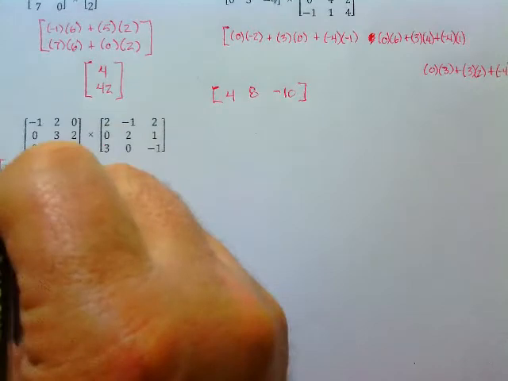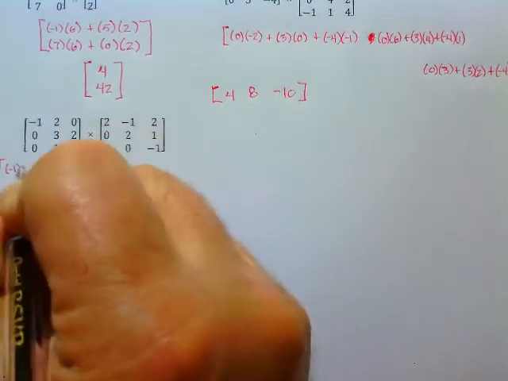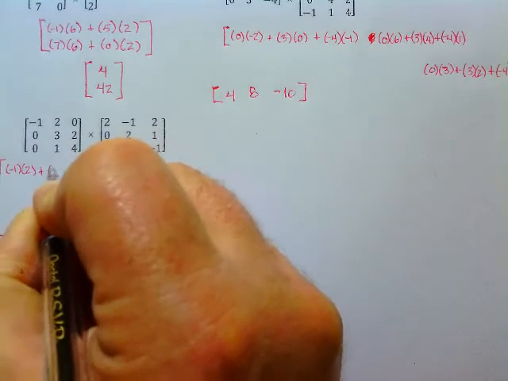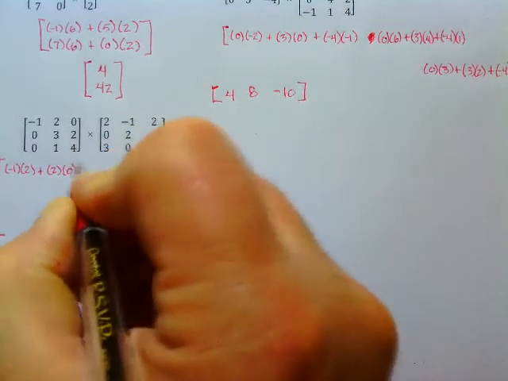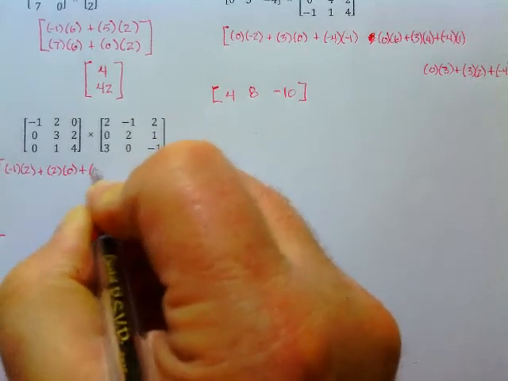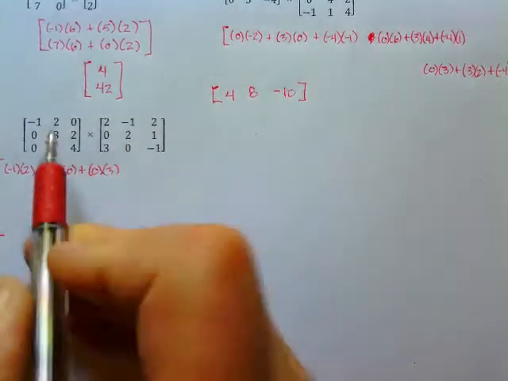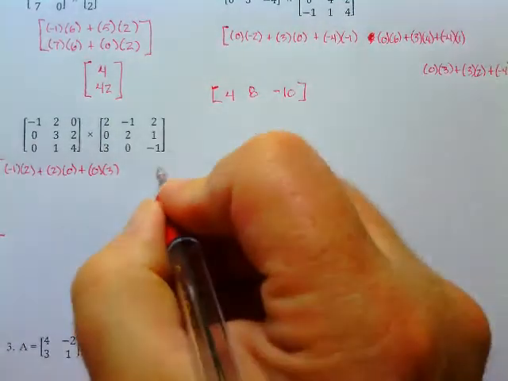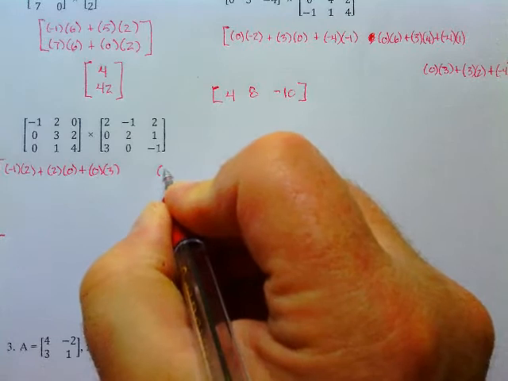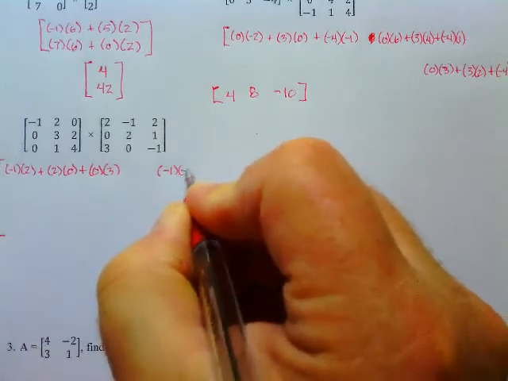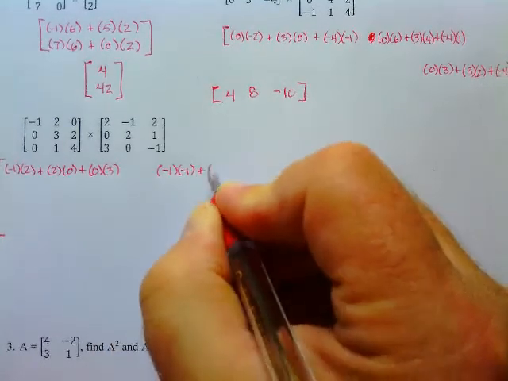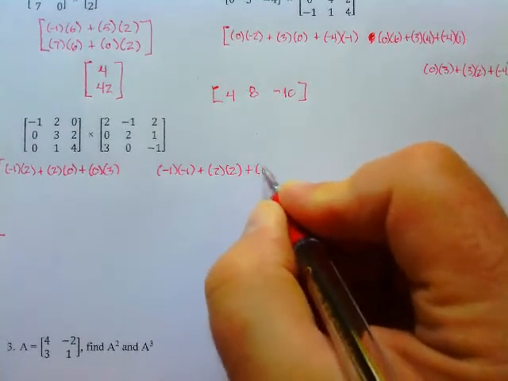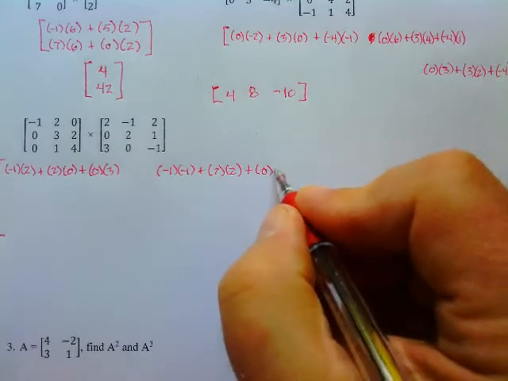So, first off, -1 times 2 plus 2 times 0 plus 0 times 3. So those 3 times those 3. Okay, moving across, I have -1 times -1 plus 2 times 2 plus 0 times 0.